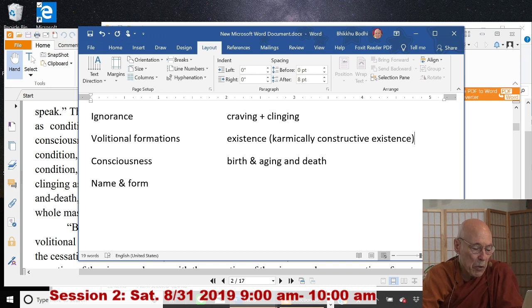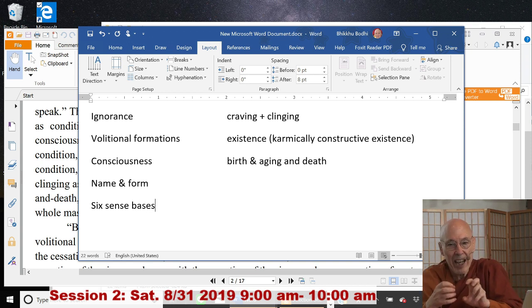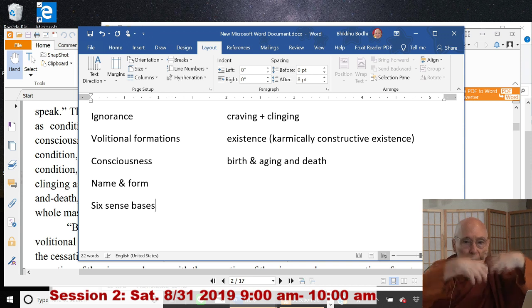And then to show how we move from name and form to craving, the sutta draws out the 6 sense spaces, which are actually inherent in name and form, but they're pulled out and treated separately.